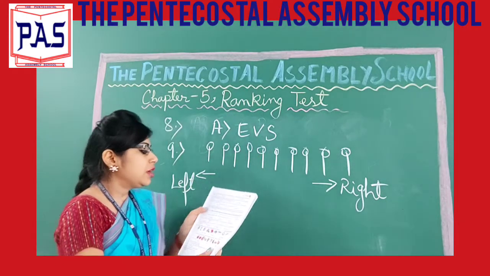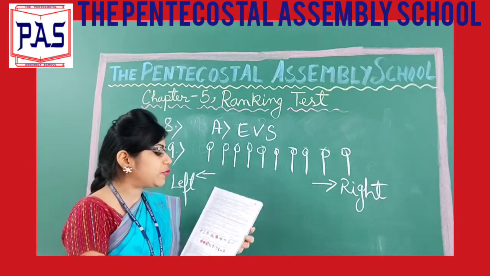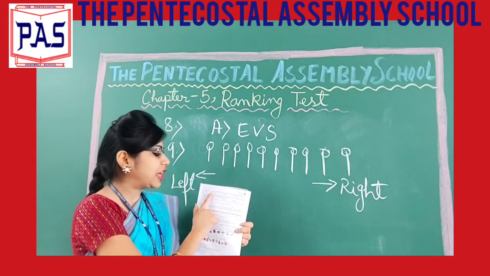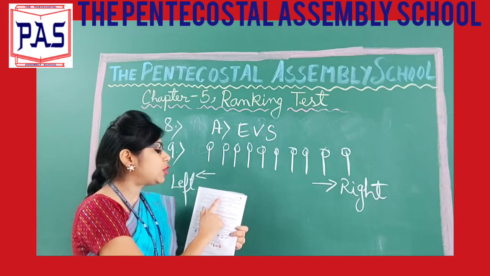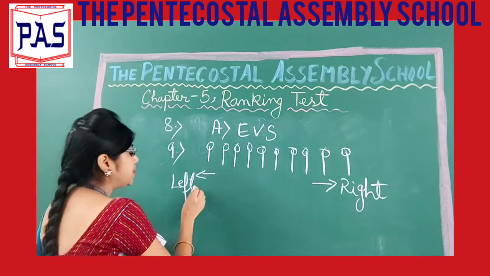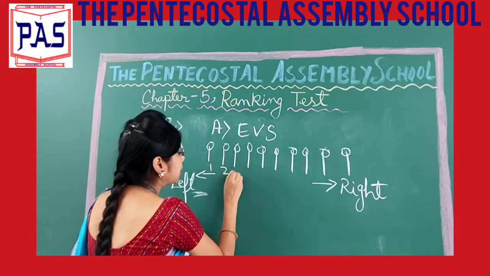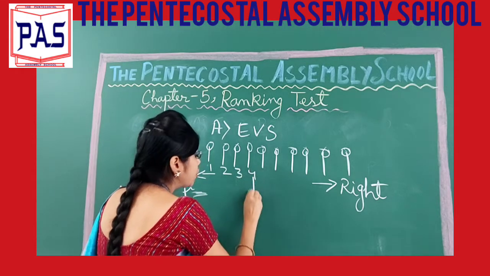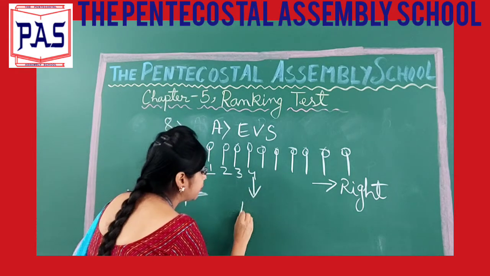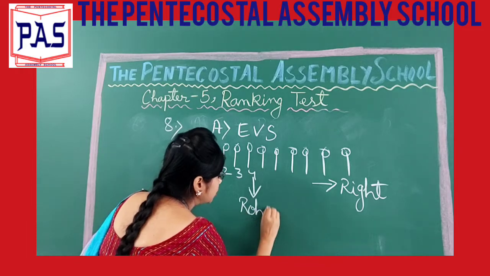So, in question number 9, in a row of 10 boys, Rohan is fourth from the left end. It means from my left, first, second, third, fourth. On fourth position, we have Rohan.